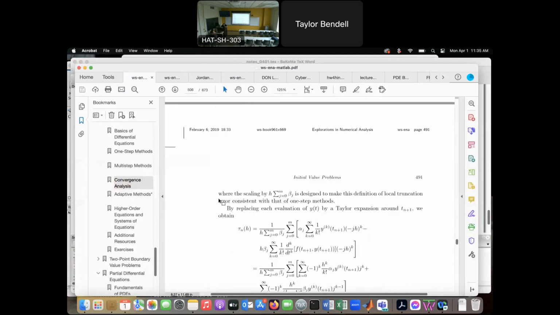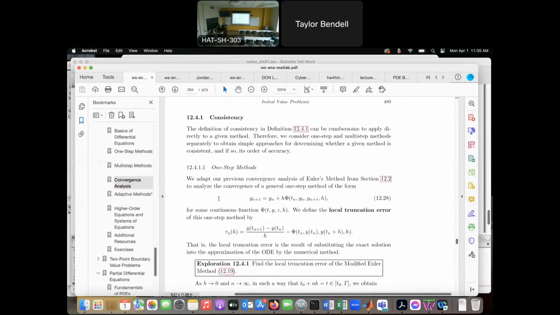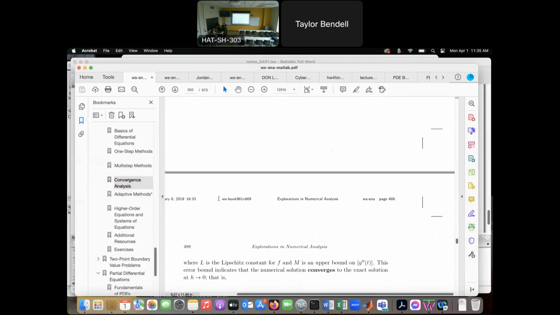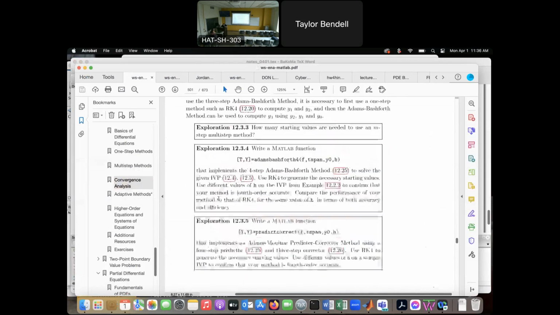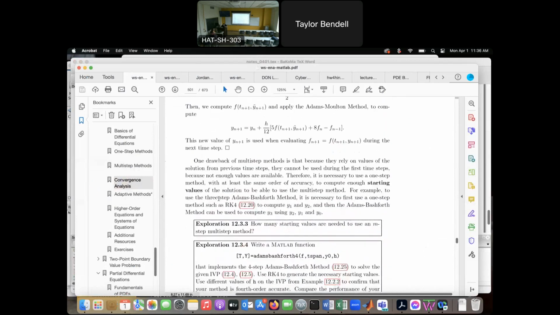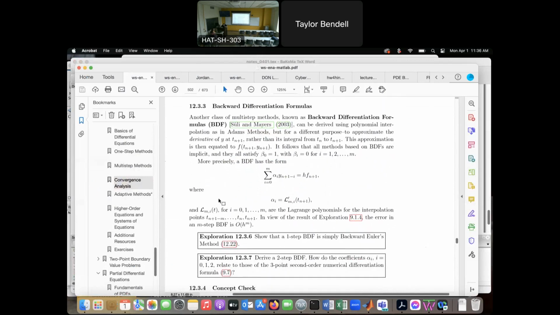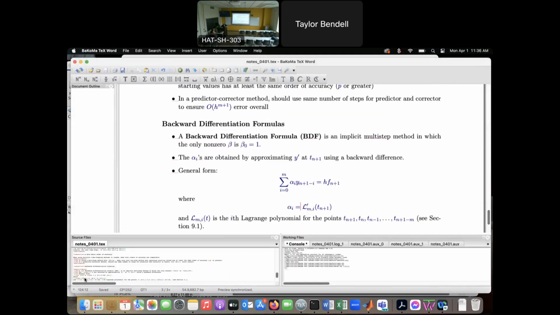Okay, yes, this is the same formula that's in the notes, but this formula is wrong. There needs to be a factor of h right here. So we'll go ahead and put that in.